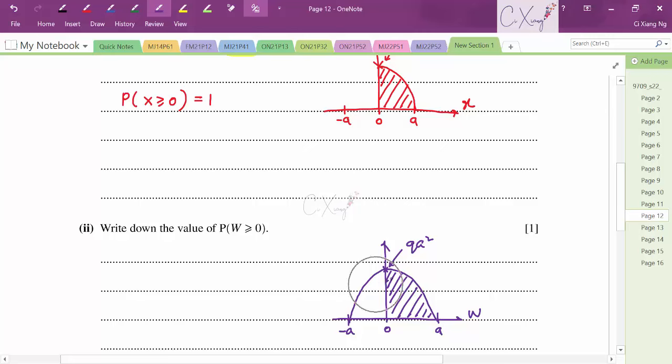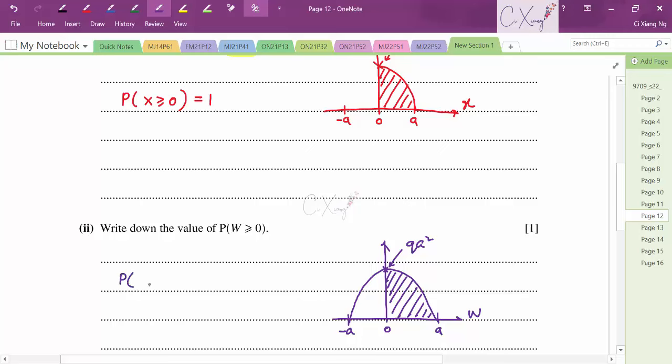My original area is the whole area under this N shape, and now I want to consider only the probability for this area. For your information, the whole area under the graph should be equal to 1, and this is only half of the whole curve.